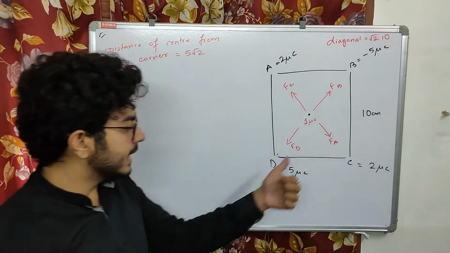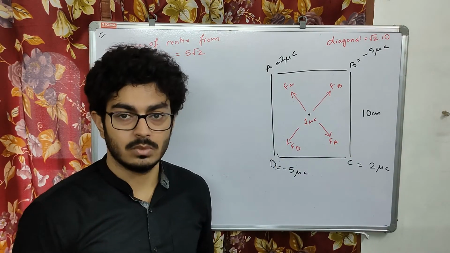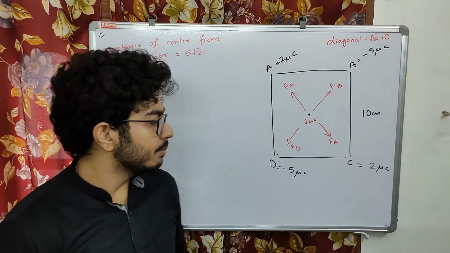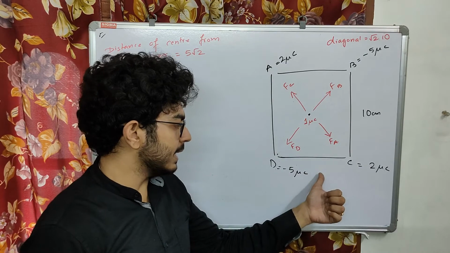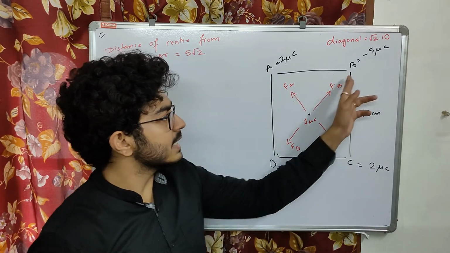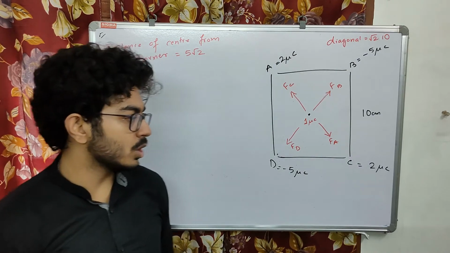See, if D and if B, they are equal and opposite. Why they are equal and opposite? Because the magnitude of charge in D is same as the magnitude of charge in B, right?